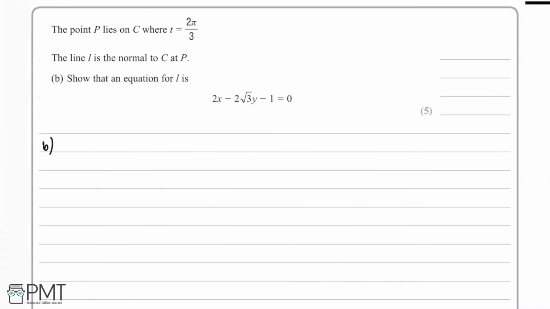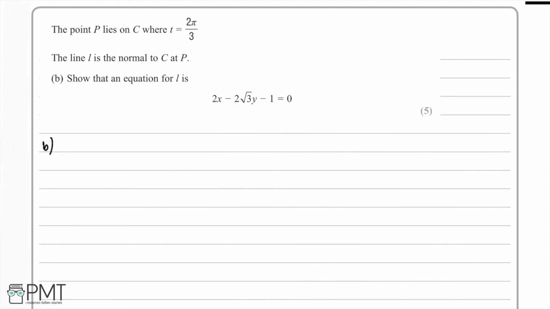Now moving on to part B of this question, we're given some further information. We're told that the point P lies on C where t is equal to 2 pi over 3, and that the line L is normal to C at P. What we're asked to do is show that an equation for L is 2x minus 2 root 3y minus 1 is equal to 0.